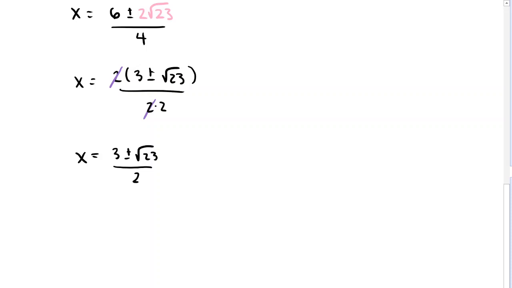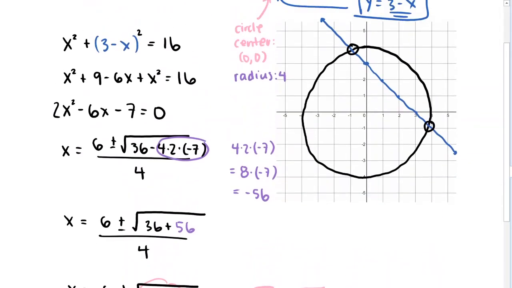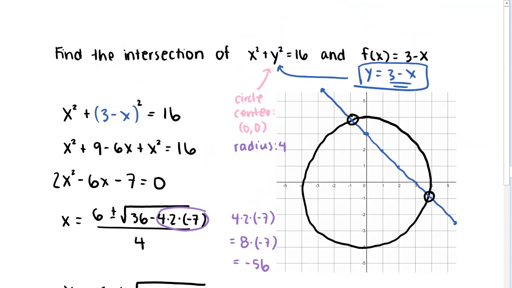Right, so those are the x-coordinates. We actually still need the y-coordinates. We need to plug these back into our function, either function, it doesn't matter which. And maybe the simpler one is to use the second one here, f of x or y is equal to 3 minus x.